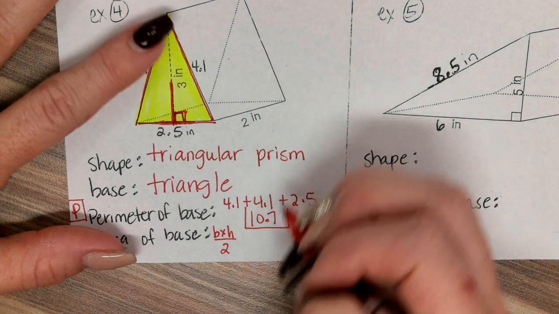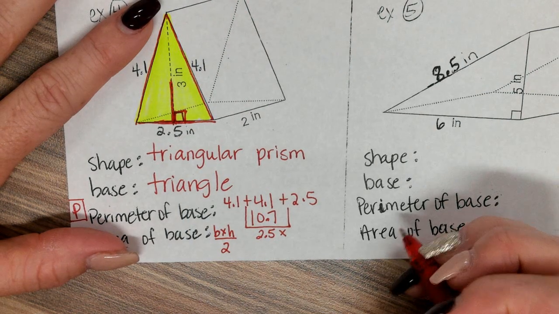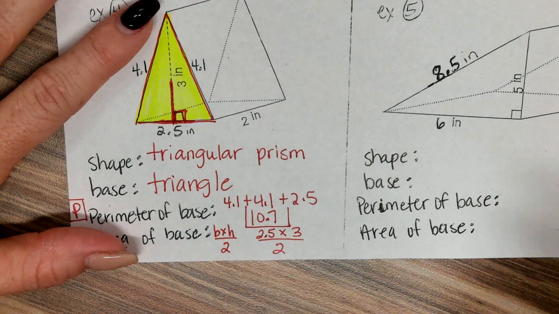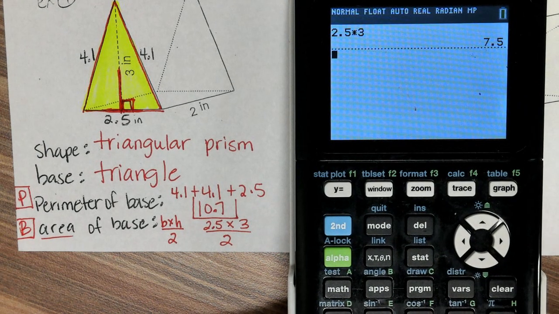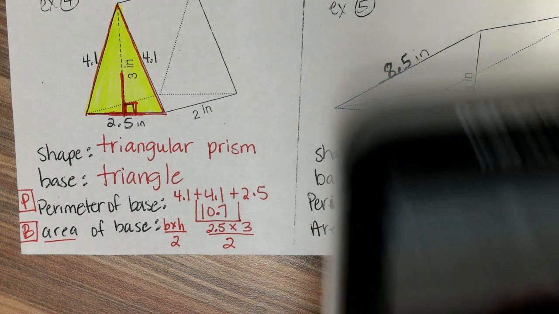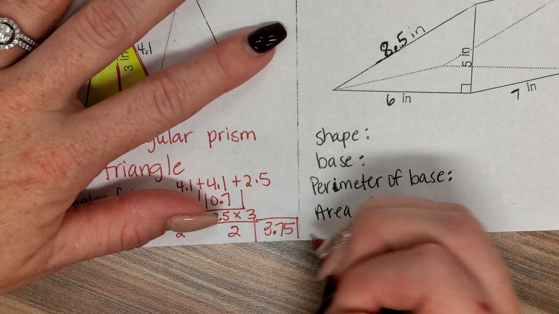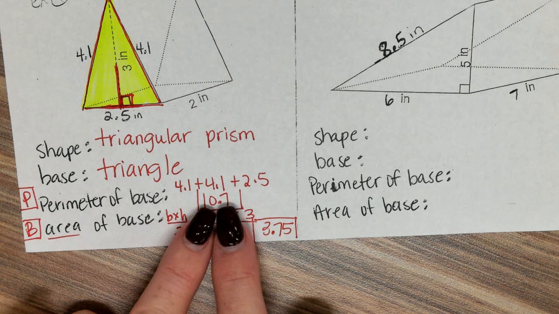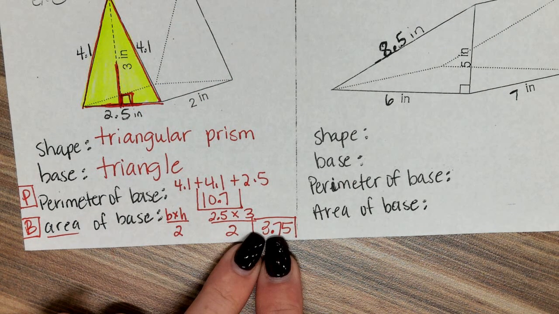So my base is 2.5 times, what's my height? 3 divided by 2. So 2.5 times 3 divided by 2 is 3.75. Here's my perimeter of the base. Here's my area of the base.